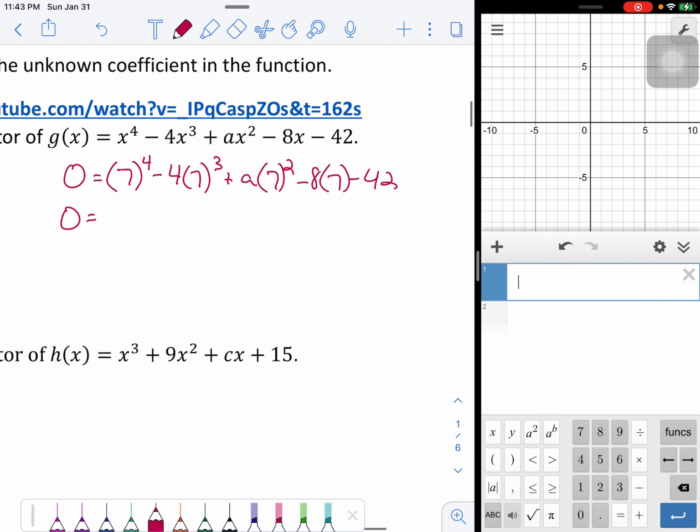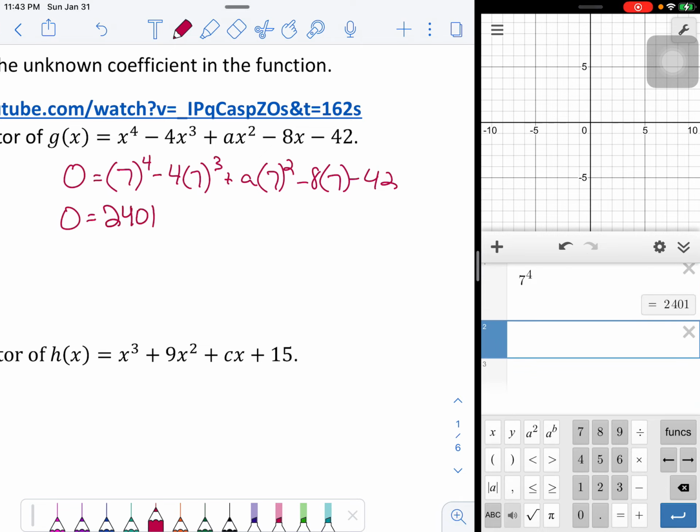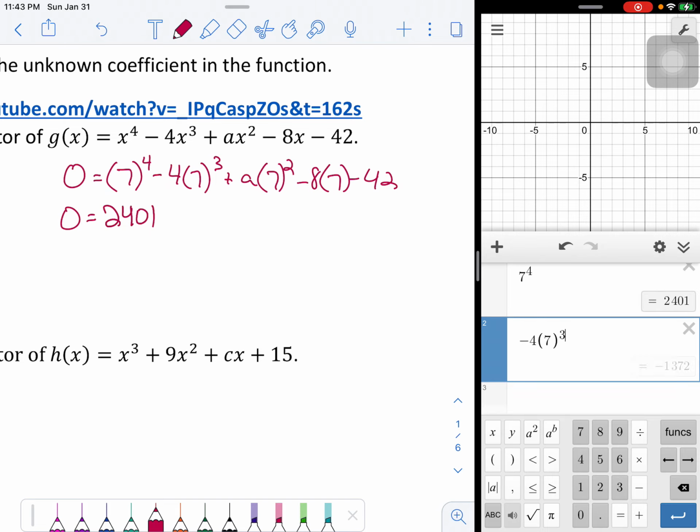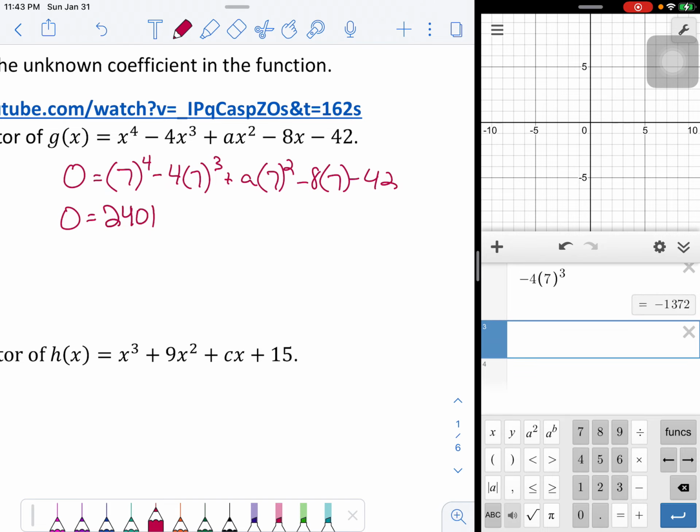So 7 to the 4th is equal to 2,401. Negative 4 times 7 to the 3rd is negative 1372. Now 7 squared is 49. I can do that one in my head. 49a minus 56 minus 42.